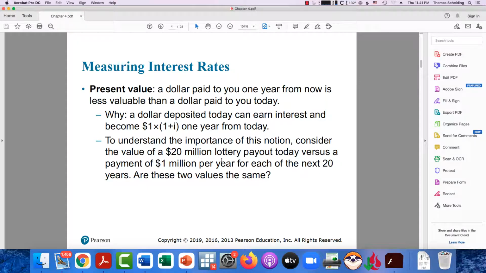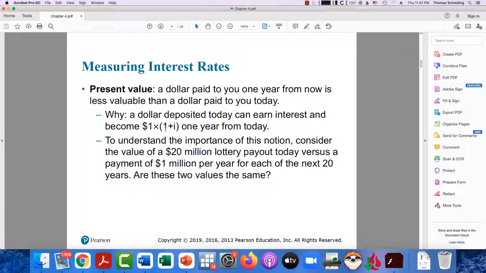Or, as we can see here, if it was $1 paid today versus $1 paid in the future, then if you had to get paid the equivalent amount in the future, you would need to get $1 plus the interest rate that could have been earned in the meantime.